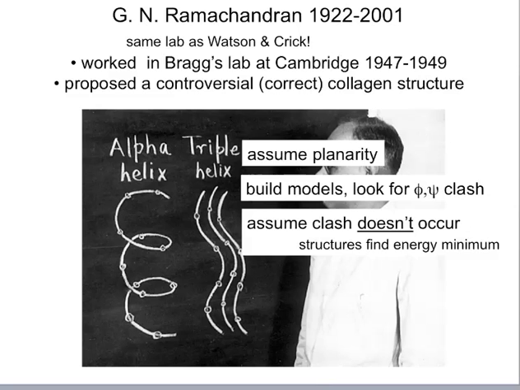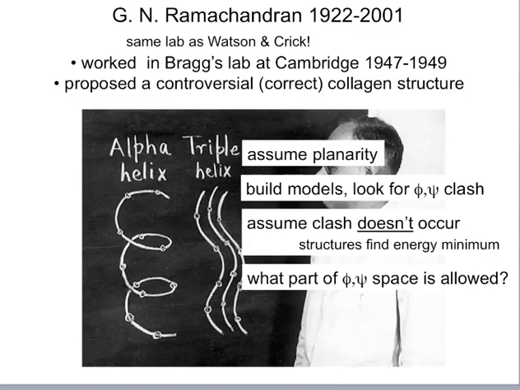And then what he assumes is that we avoid steric clash, right? And that's a perfectly reasonable assumption. The way we think about it now is that the structures find some energy minimum to occupy, and they don't really go outside of that unless there's an input of energy from outside. So then we can ask, what part of phi-psi space is allowed and what parts are disallowed?